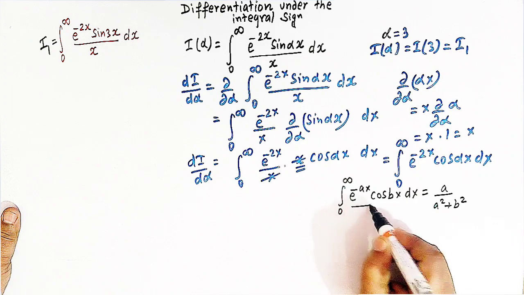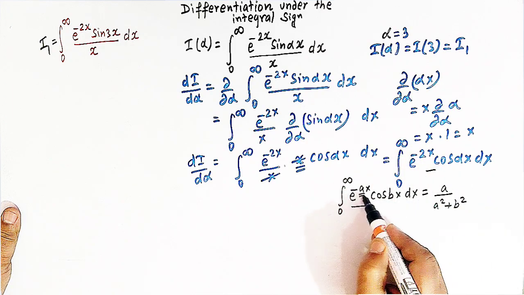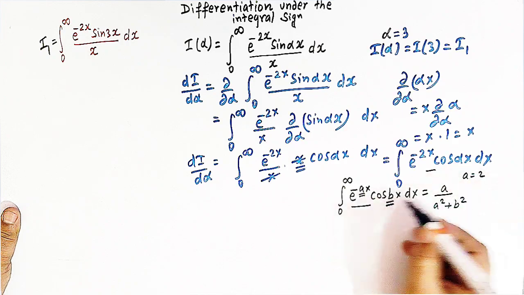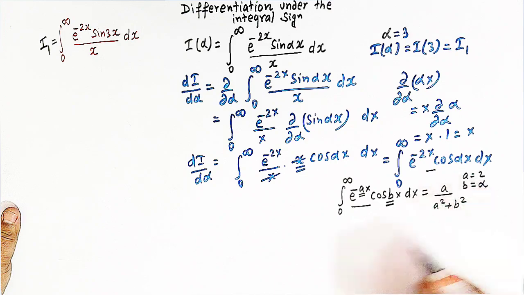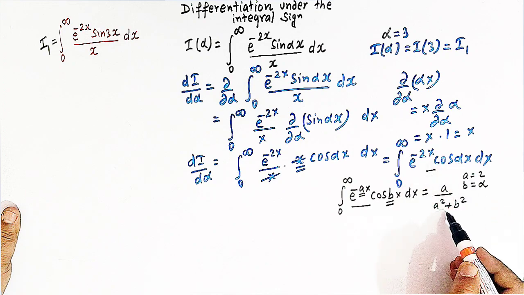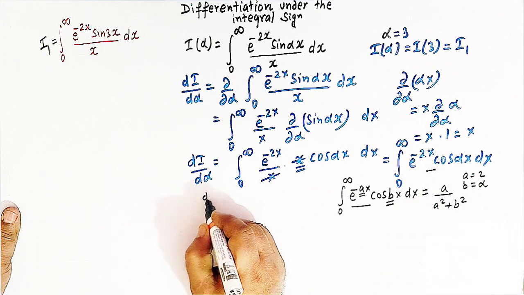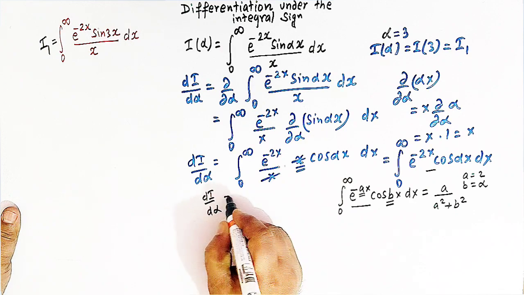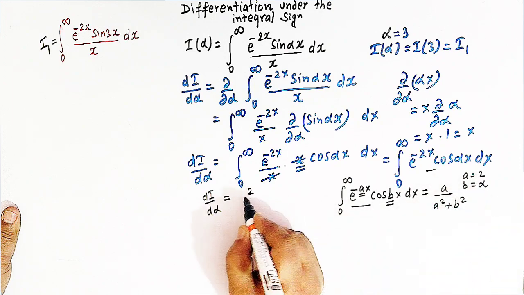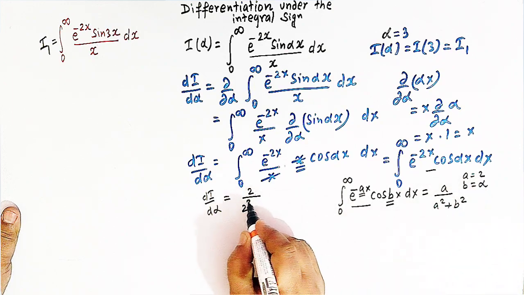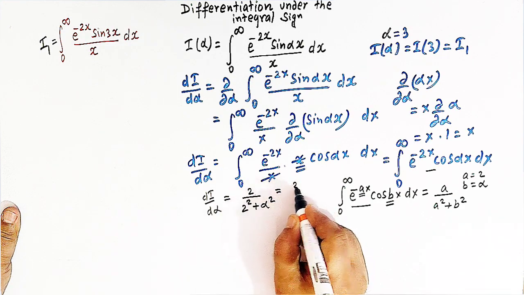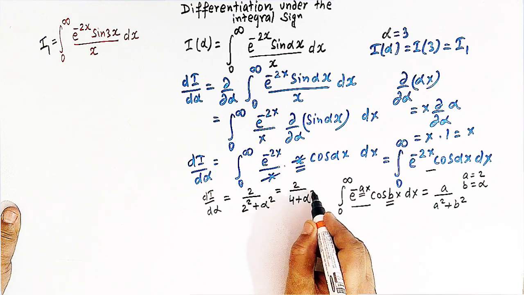So if we compare this integral with this one, then the value of a is 2, and this b is equal to alpha, right? So now the value of this integral using this formula, we have dI over d alpha is equal to a over a square plus b square. A is 2, so we have here 2, and then we have 2 square plus alpha square, right? So this is 2 over 4 plus alpha square.